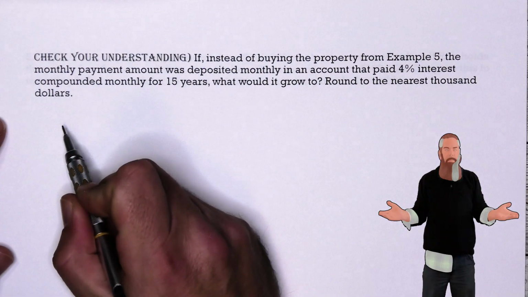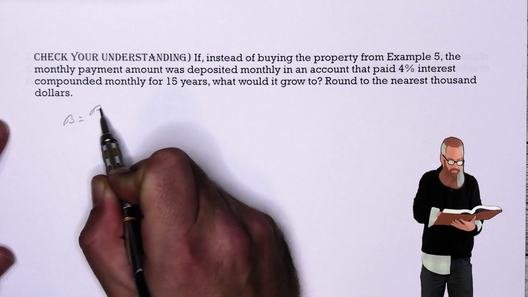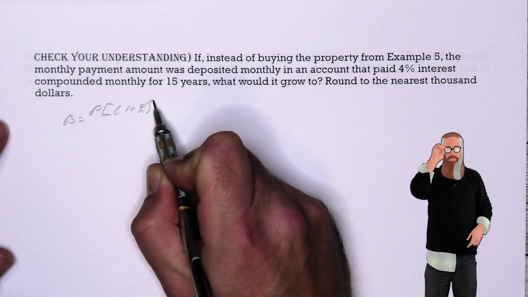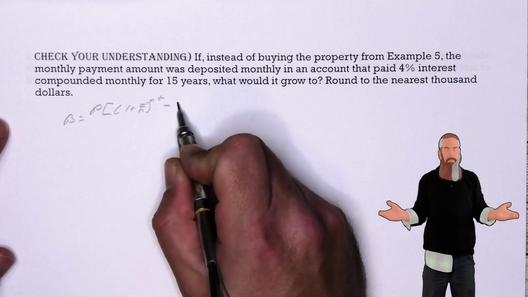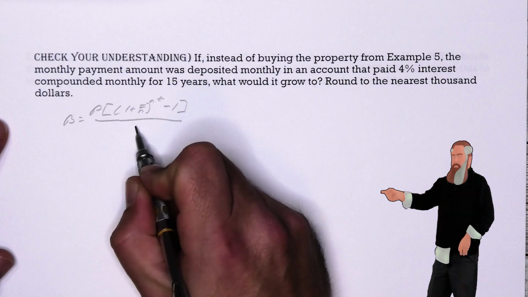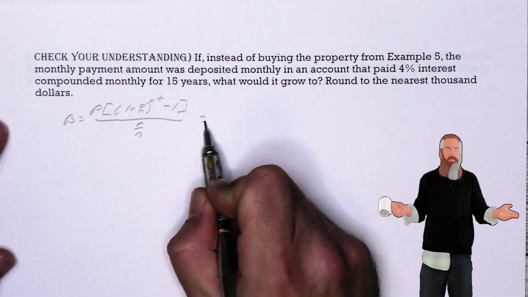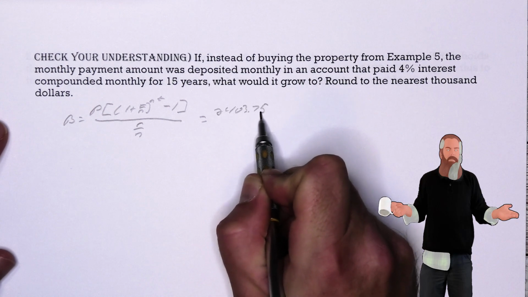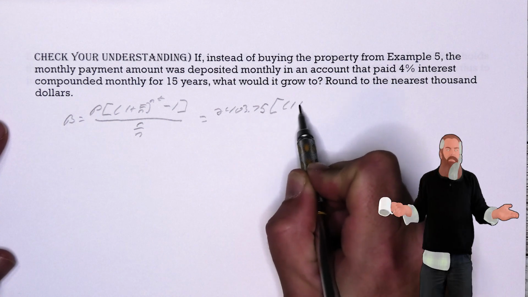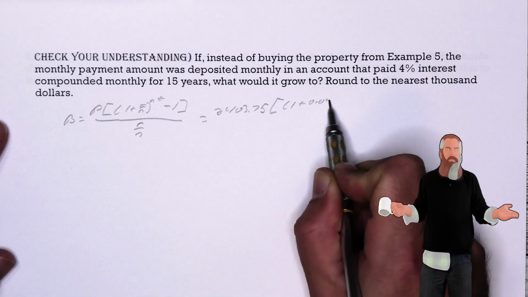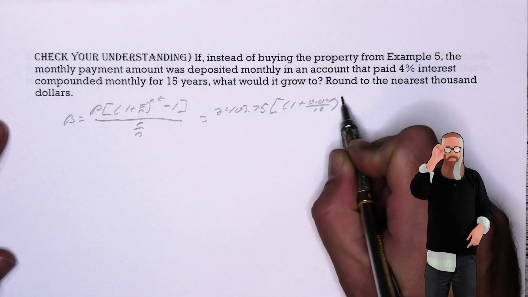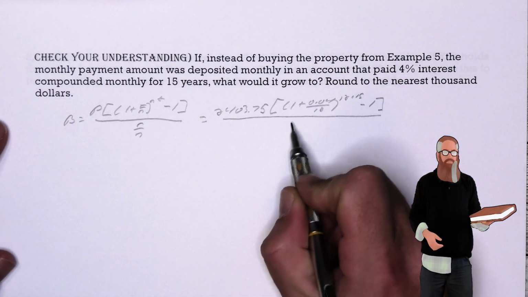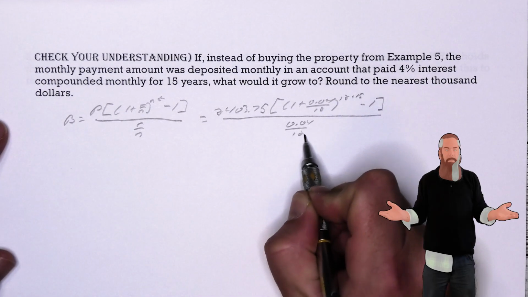To do this, we're going to use the formula B is equal to P times 1 plus R over N to the NT power minus 1 all over R over N, which means we're looking at $2,403.75 times 1 plus 0.04 divided by 12 to the 12 times 15 power minus 1 all over 0.04 divided by 12.